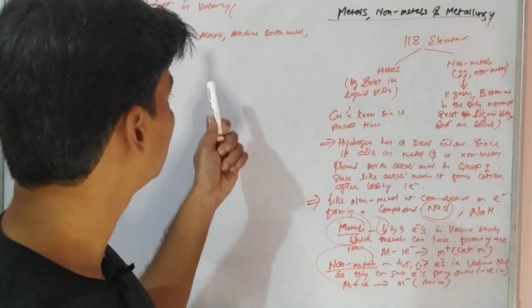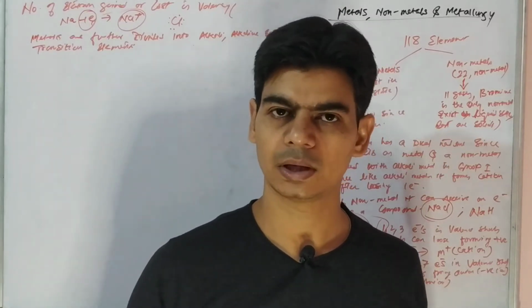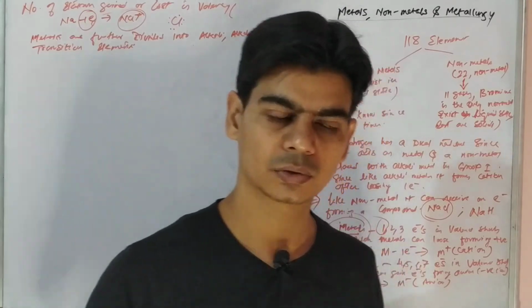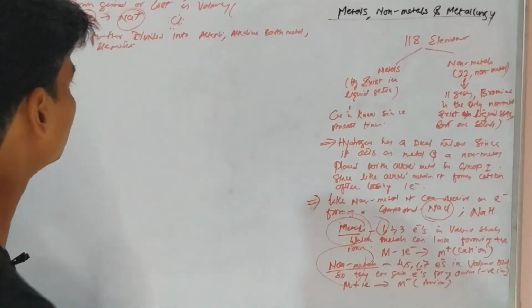Similarly, alkali metals belong to group 1. They have 1 electron in their outermost shell, right? Sodium has 1 electron. Sodium, lithium, all these metals have 1 electron in their outermost shell.